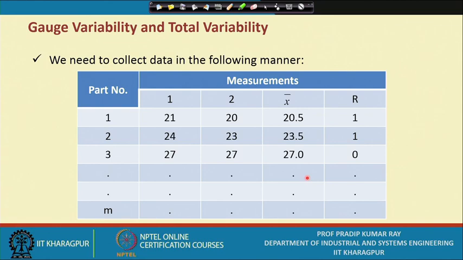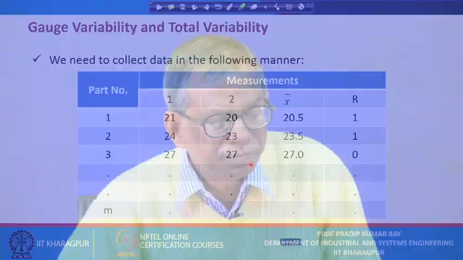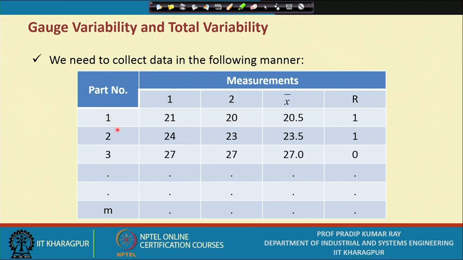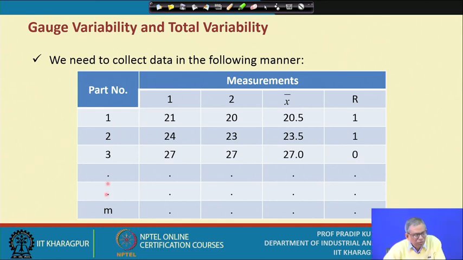Suppose for measuring the gauge variability, or the measurement error, you have to collect data in a specific manner. Here you need to consider a number of parts, say 20 parts I will collect. So 1 to m.